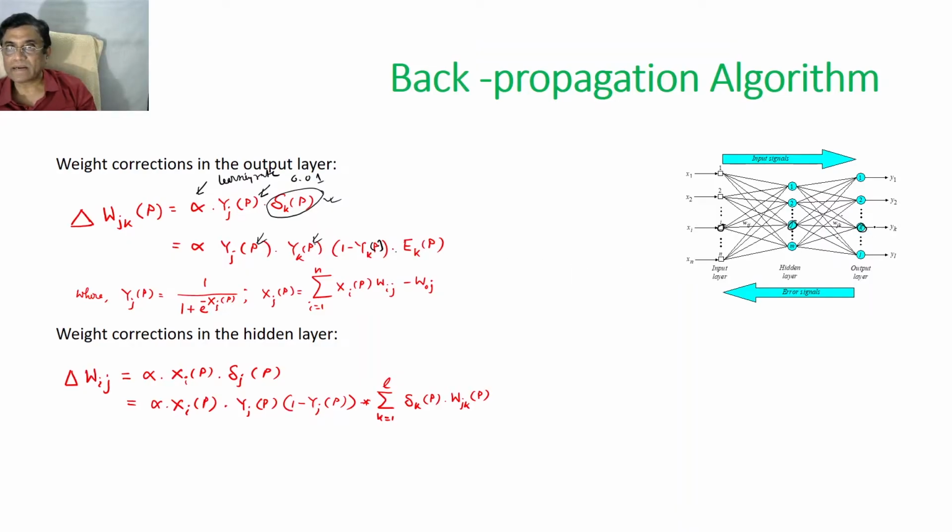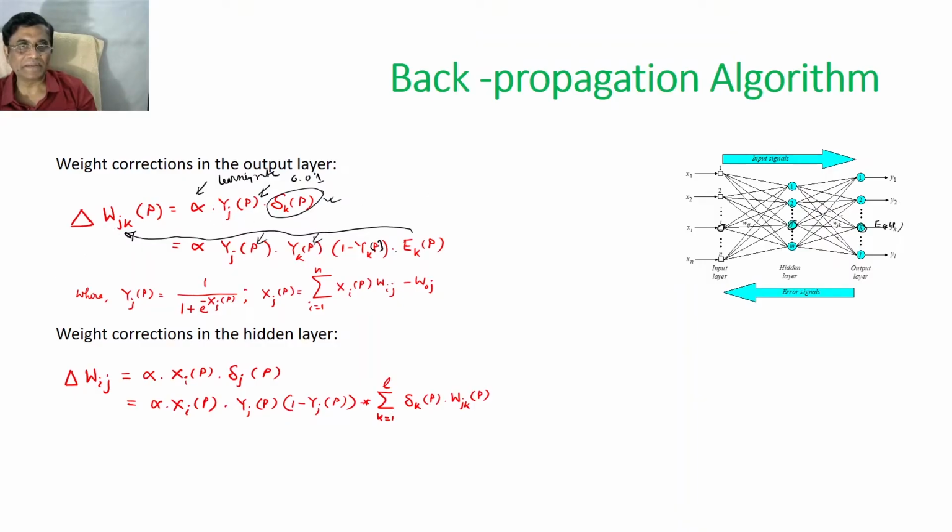So I have error only here, but now I am able to calculate the effect of error in the form of error gradient and incorporate that error in compensating my delta WJK.